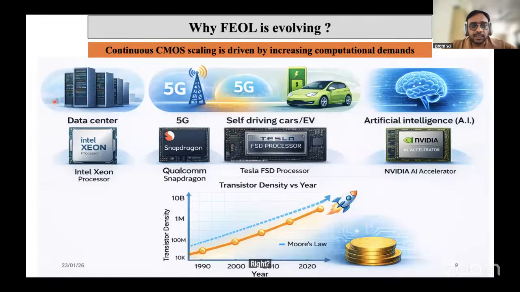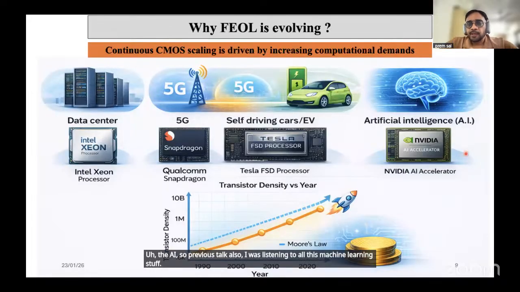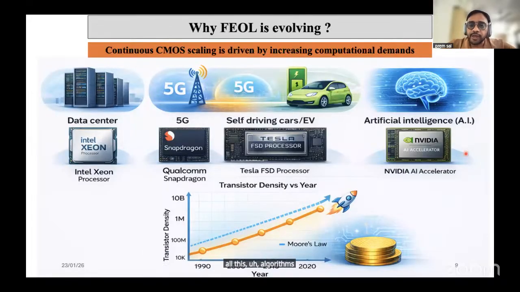There are a few applications I put. Nowadays AI is a really hot topic. In the previous talk I was also listening to all this machine learning stuff, all these algorithms, supervised, unsupervised.